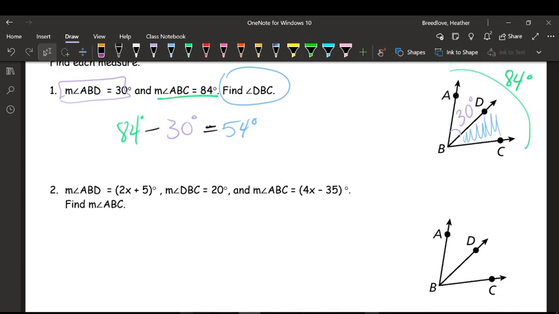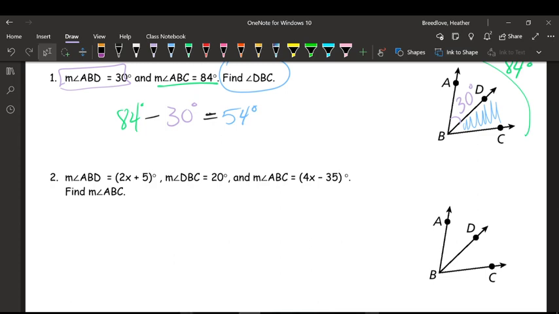So we have number 2. The measure of ABD is 2x plus 5. I know I have identified a part of my figure, so I'm going to mark it. ABD. I have just defined that as my purple section, and here's ABD, 2x plus 5. It's this piece.